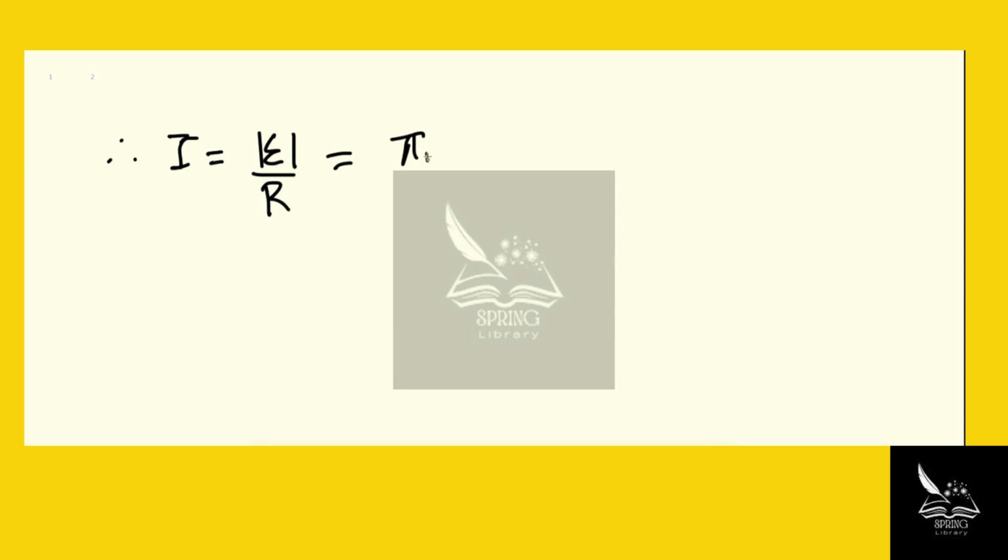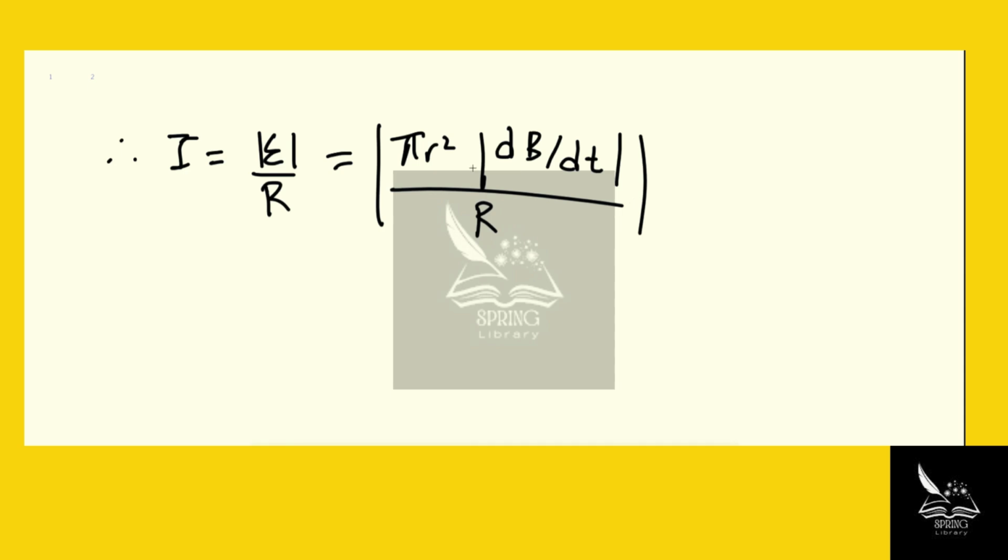So this is pi r squared times dB/dt divided by R, which is the resistance.